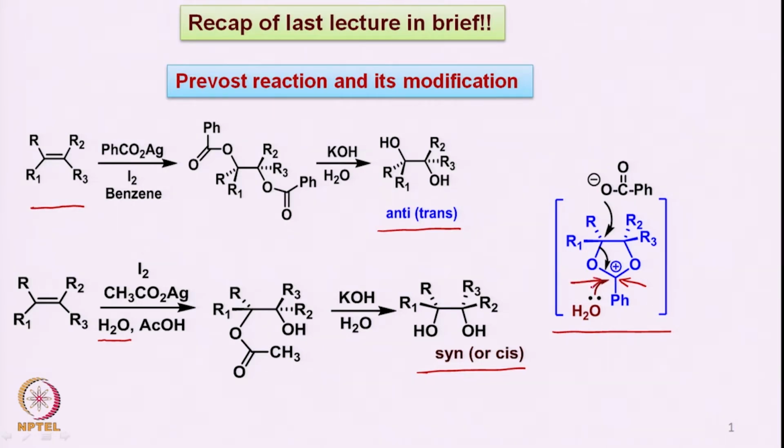And this is the main difference that we had seen last time, and we saw that the attack of the iodine takes place from the side where there is less steric hindrance.